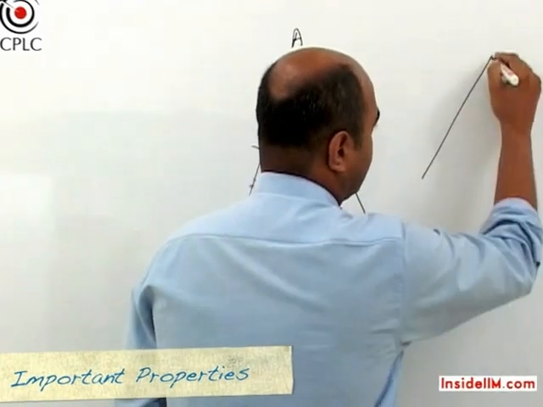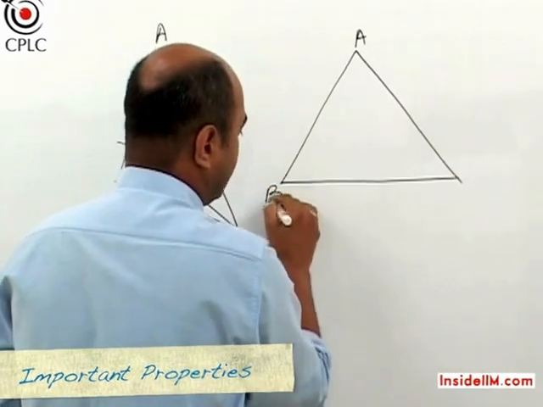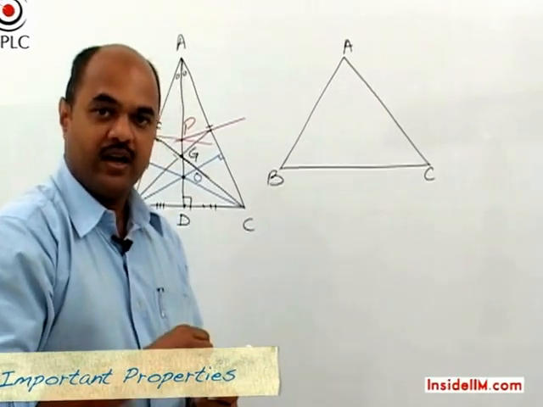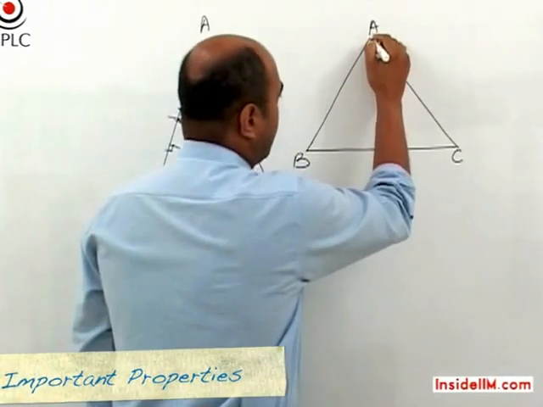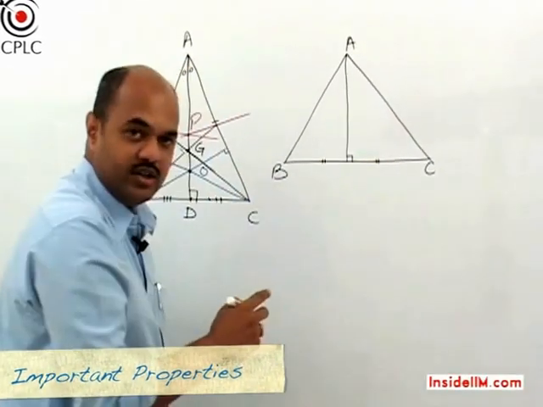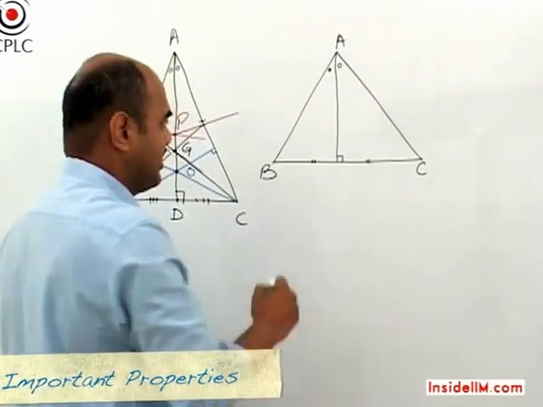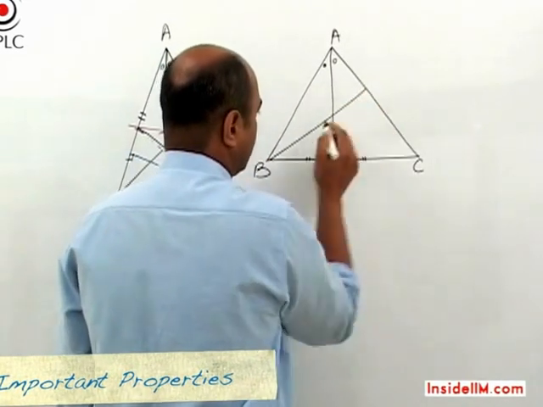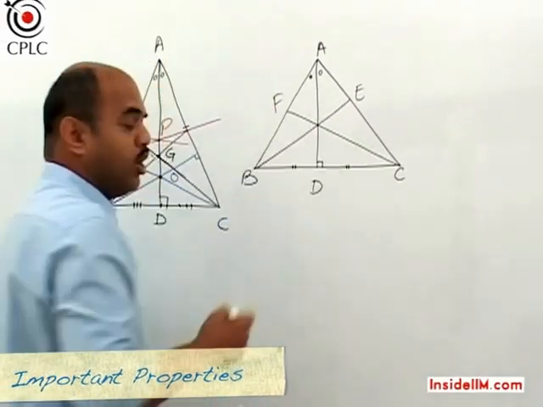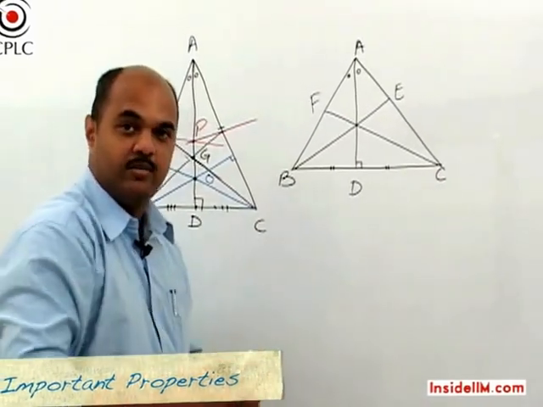Now on the other hand, if we consider an equilateral triangle, and we've already studied that an equilateral triangle is a triangle where all the three sides are equal and all the three angles are equal. Now when we draw the median, it will also be the altitude, the angle bisector, and the perpendicular bisector, and that would be true not only for that one median, it would be true for all the medians, all the altitudes, all the perpendicular bisectors and all the angle bisectors.